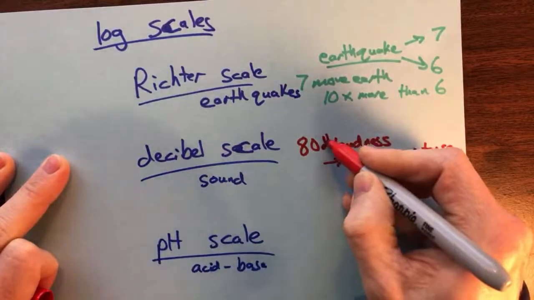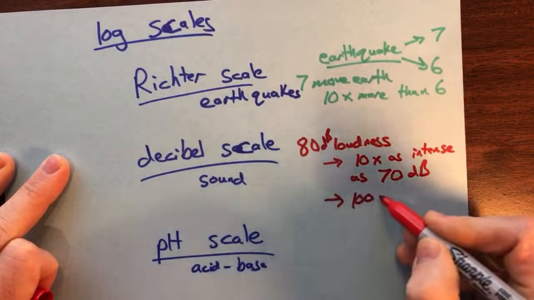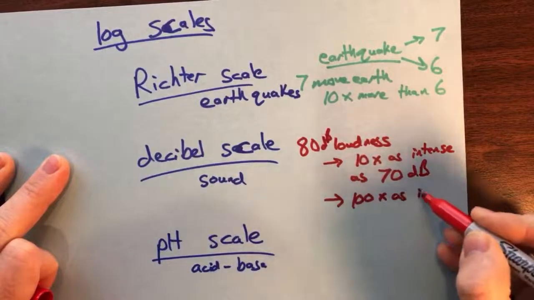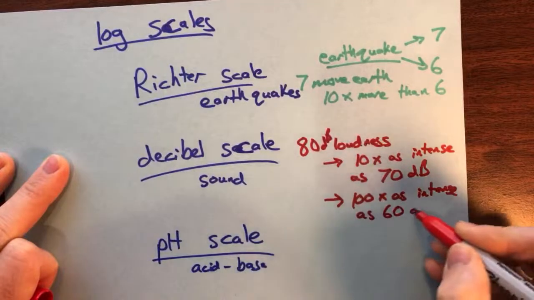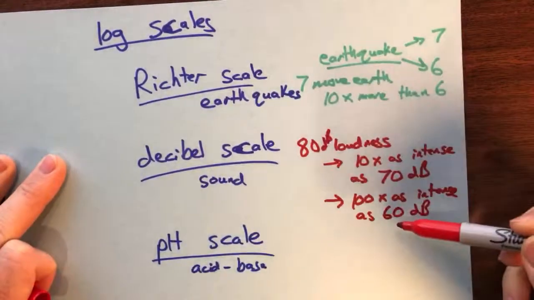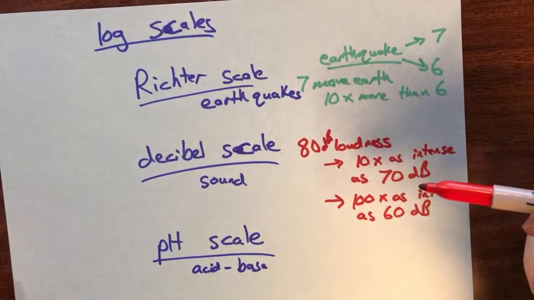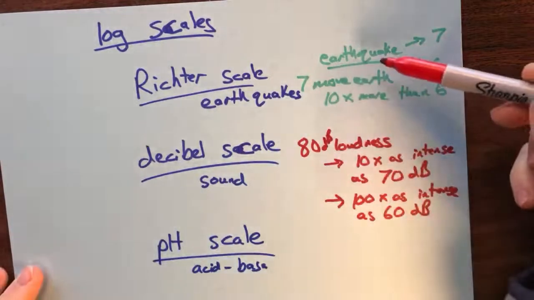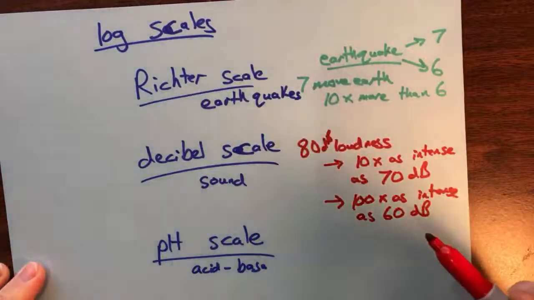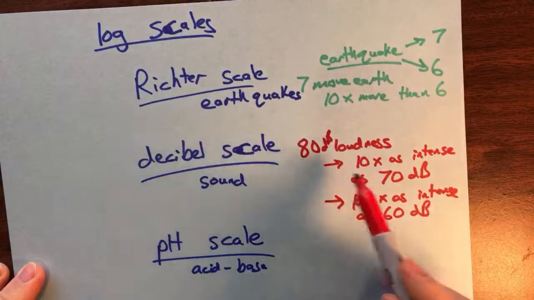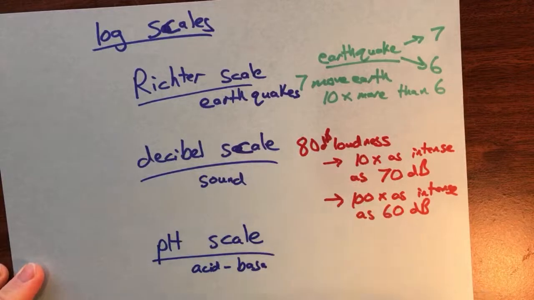It's going to be 100 times as intense as 60 decibels. So each 10 in this case is 10 times more intense. It's exactly the same as the Richter scale, except you have a 0 at the end.